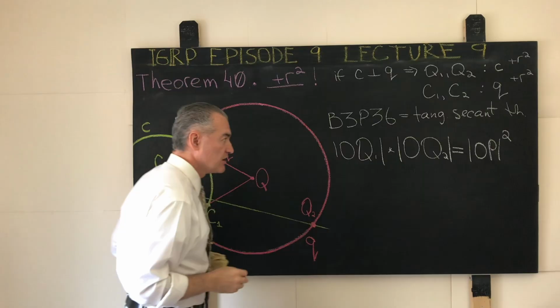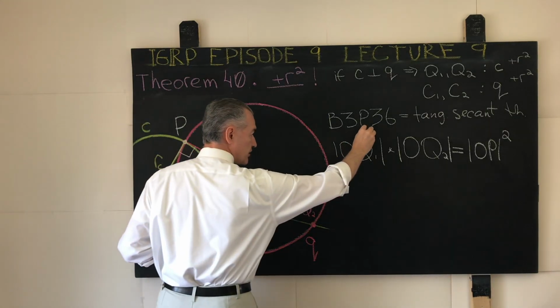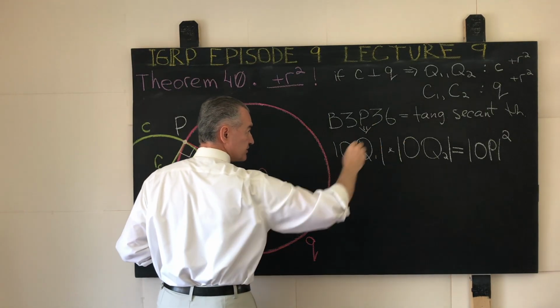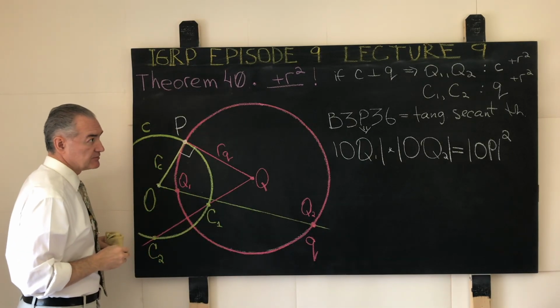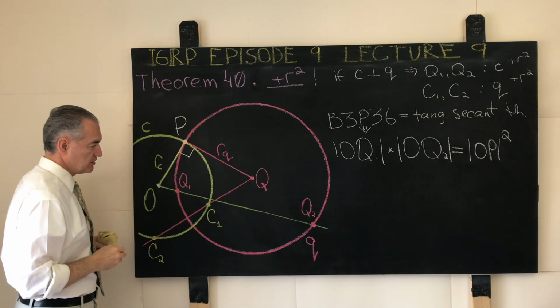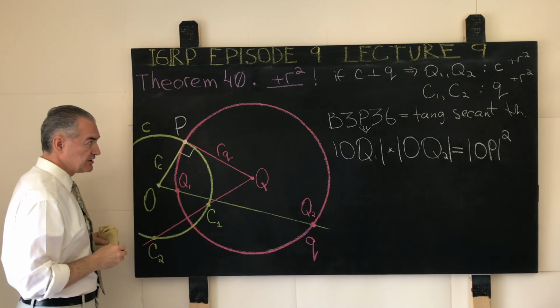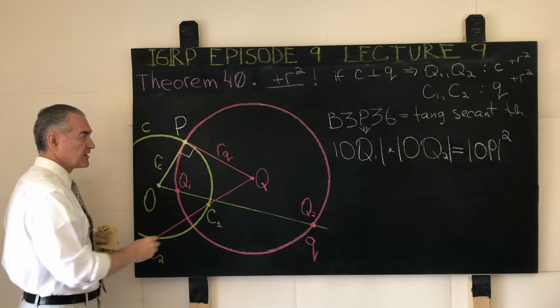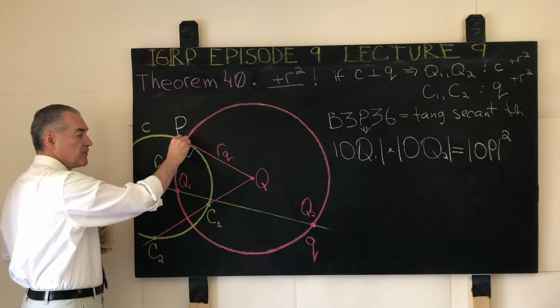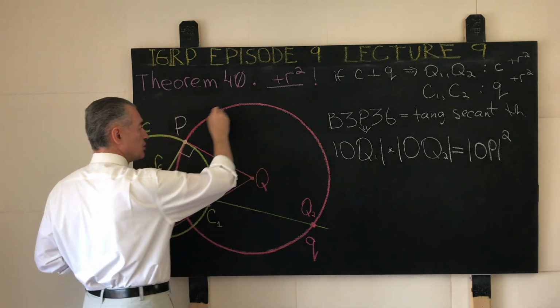This is the consequence of the tangent secant theorem, or Book 3, Proposition 36 in Euclid's Elements. But this time, when we wrote down this consequence, we capitalized on the fact that the point P belongs to the circle Q.